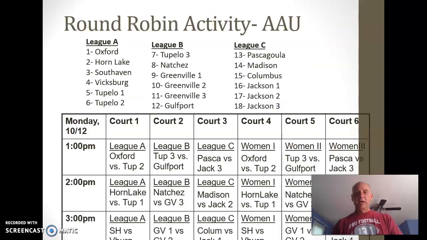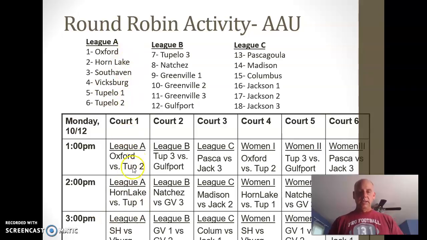This is a round robin, and let's put in names now. So we have 18 teams. Some of them are male, some of them are female. All of these are male teams. And this is coming from Mississippi, so Oxford, Horn Lake.